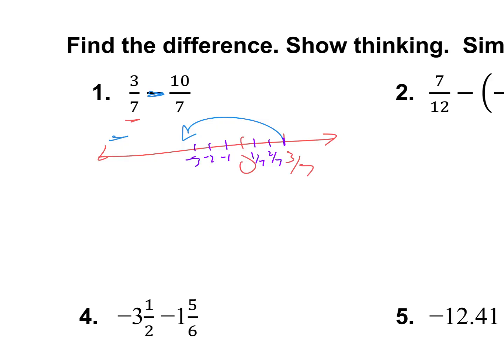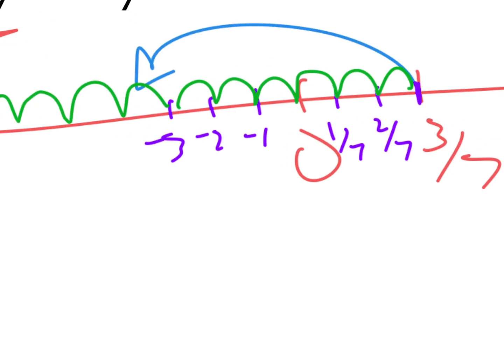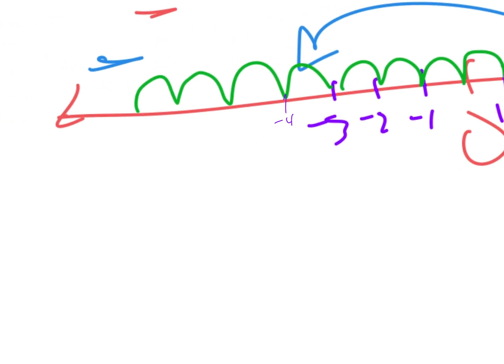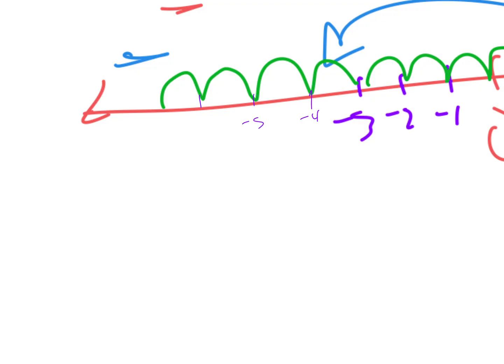Let's see, we've gone 1, 2, 3, 4, 5, 6, 7, 8, 9, 10. So this would be negative 4/7. Oh, slide over. Negative 5/7, negative 6/7, negative 7/7.